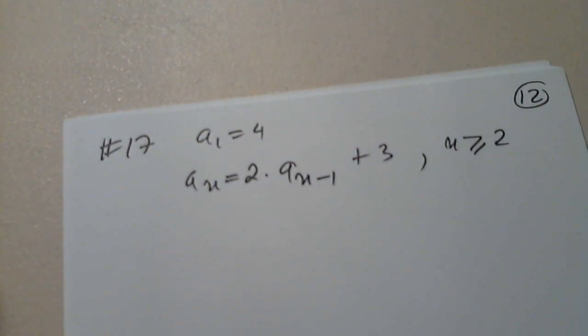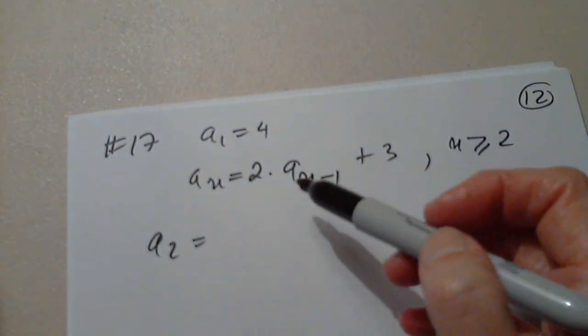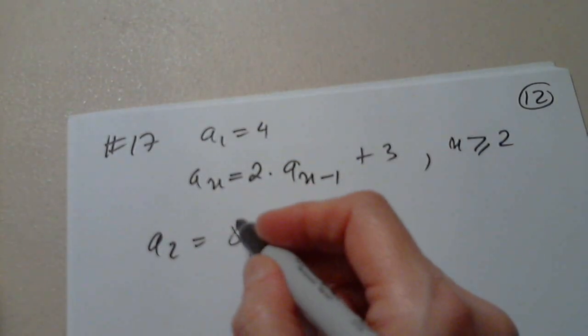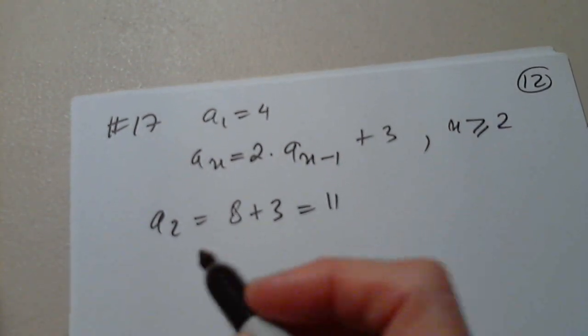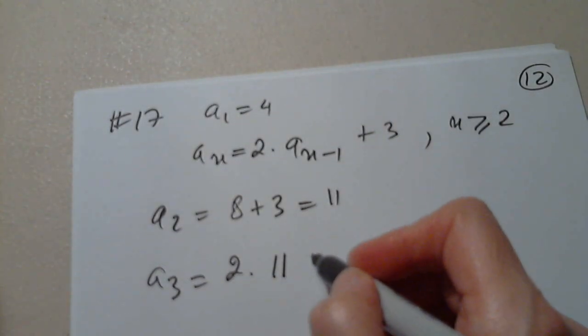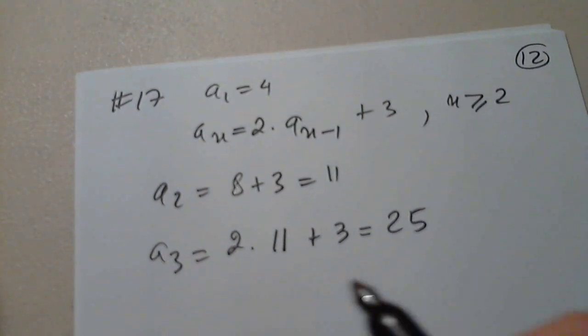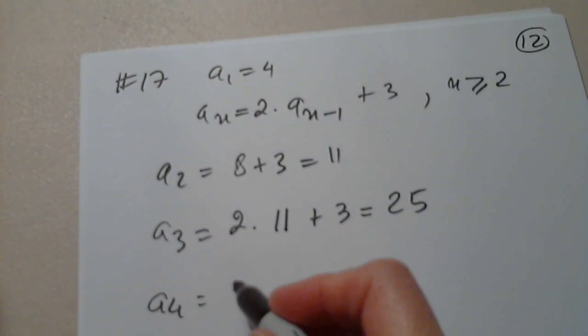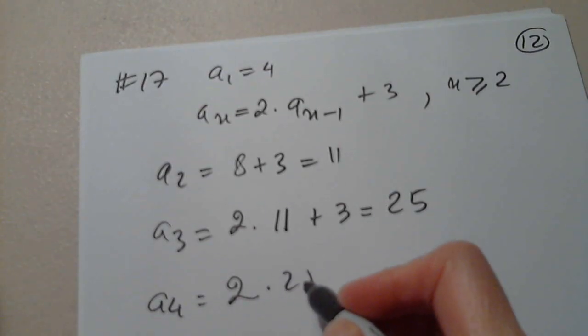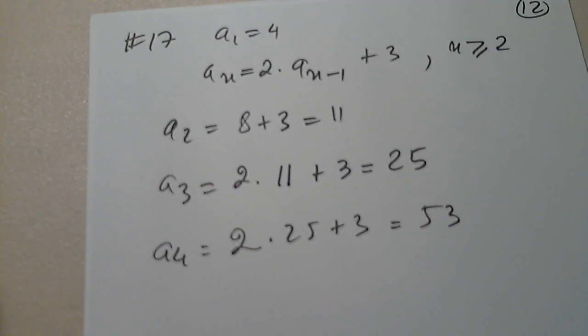So the second term, a2, is 2 times the previous term plus 3, which is 11. A sub 3 is 2 times the previous term plus 3, 22 plus 3, 25. The fourth term is 2 times the previous term plus 3: 2 times 25 is 50, 50 plus 3 is 53.